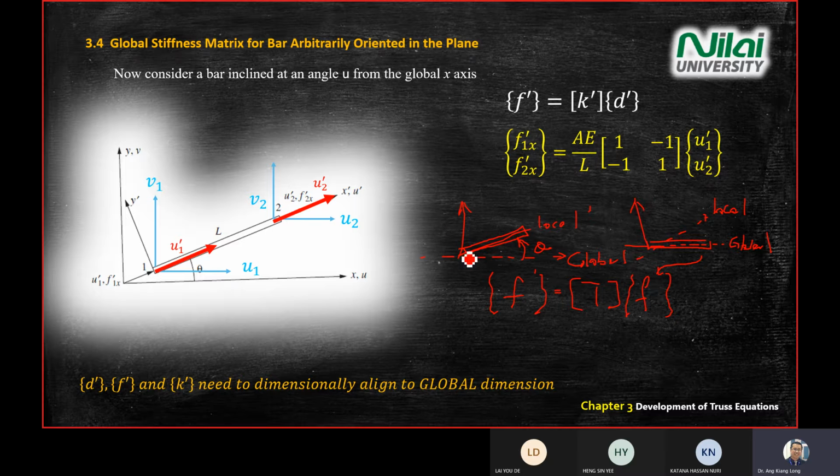So if your object is aligned to the local axis, it means you have data along the local. So you just fill in the local on the left, then you solve. The transformation matrix is fixed already. You don't need to change it.